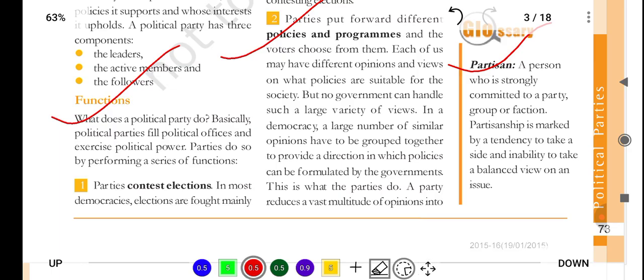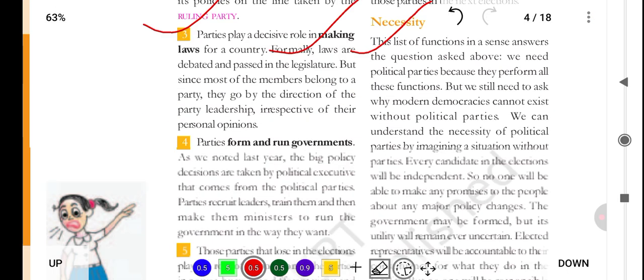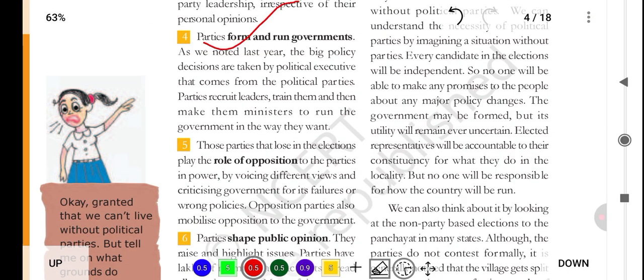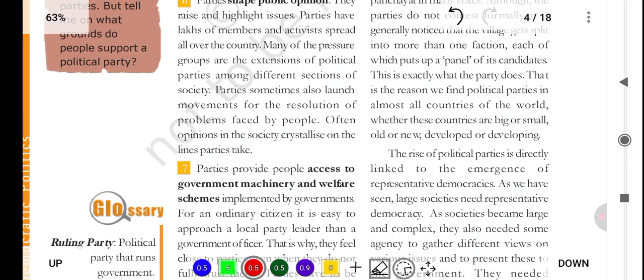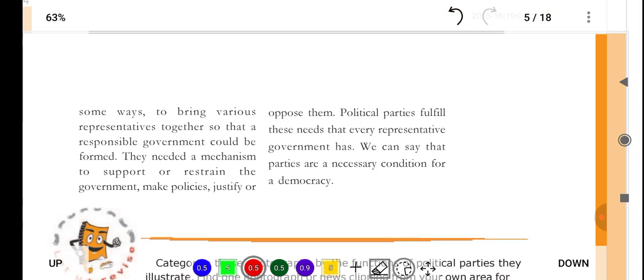So contest elections, making laws, ruling party, necessity, form parties, form and run government, the role of opposition, shape public opinion, access to government machinery and welfare schemes. So what is there in the glossary section? Ruling party, political party that runs government.